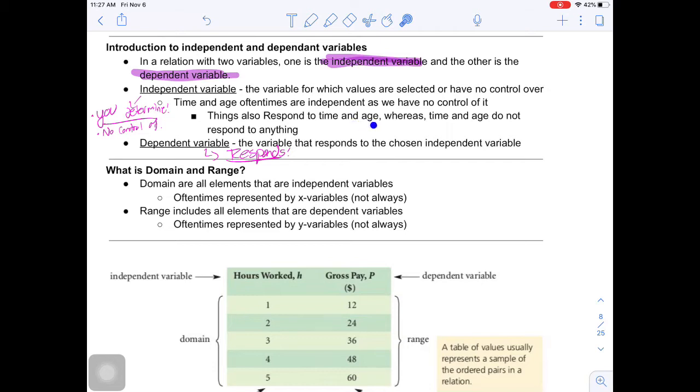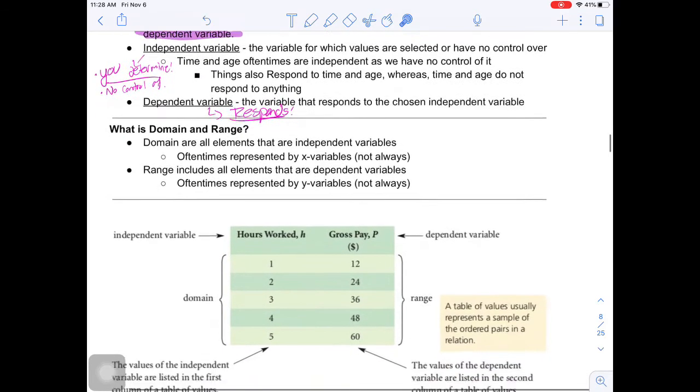You don't determine your age, but your age does determine your height, okay? You cannot control your age, and your height depends on your age. So this is definitely something that you're going to have to get used to. So independent variables, you either determine in an experiment or you just don't have control of. The dependent variable responds to whatever you're determining or the thing you don't have control of.